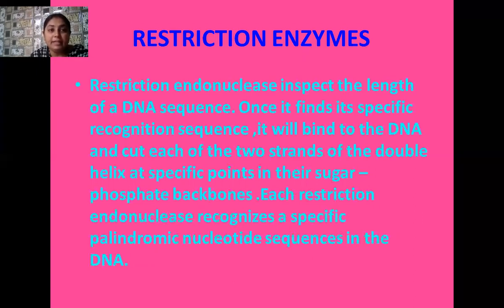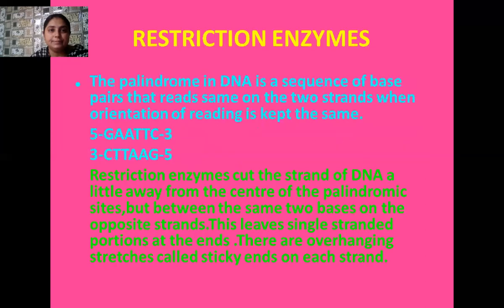They cut the segment of DNA from both strands at the same position. In this way, restriction endonucleases recognize a specific palindromic nucleotide sequence over the two strands of the DNA, and cut the DNA segment, so a piece of DNA is obtained which contains our gene of interest.